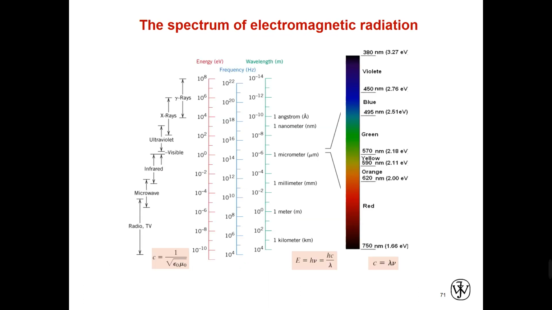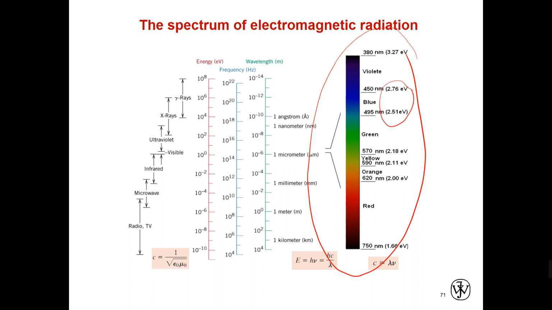The spectrum of electromagnetic radiation. This is the electromagnetic radiation represented by colors: violet, blue, green, yellow, orange, red. This shows the wavelength range of all radiation, and in the brackets is the energy represented by each wavelength.